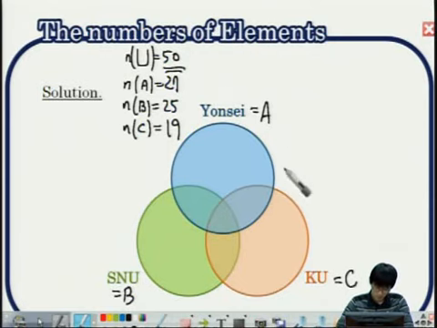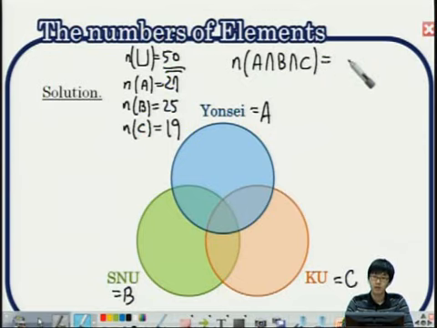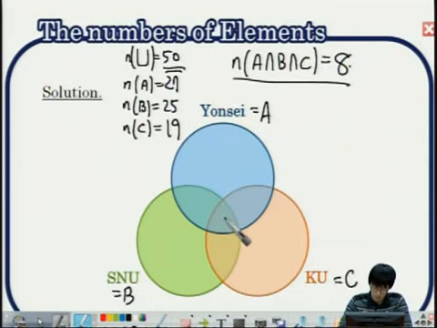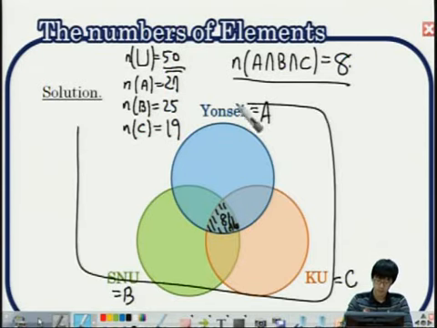So then, there were 8 students who applied for all 3 universities. So I'm gonna point here. This one first. It's here inside, because 3 intersections of 3 components here, and 50 is all this part.